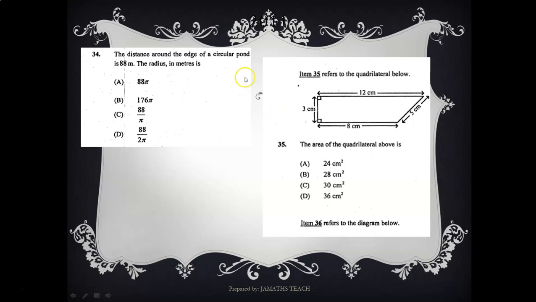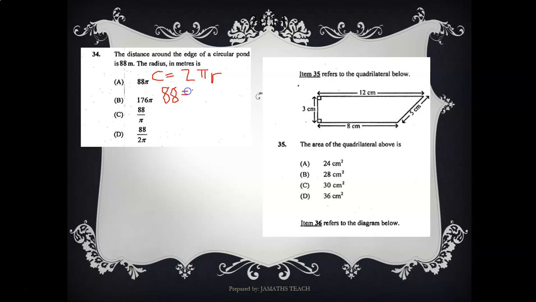The distance around the edge of a circular pond is 88 meters. The radius in meters is... The fact that they're talking about the distance around a circular pond means they're talking about the circumference of the pond. And we know circumference is 2 pi r, and we're using this formula because it involves the radius. That is what they're asking for. So they gave us the circumference. They said it is 88 meters.